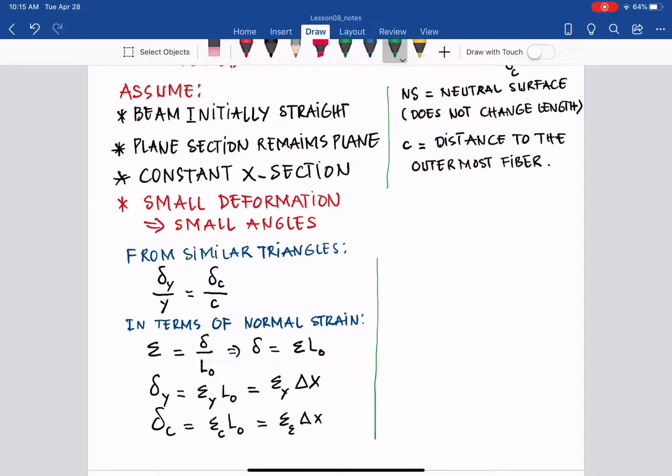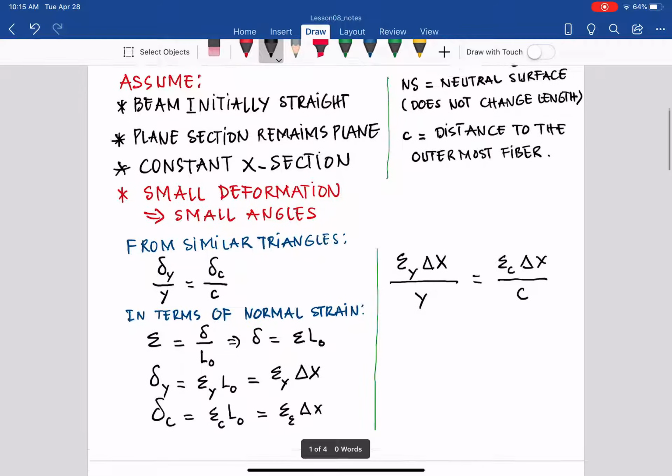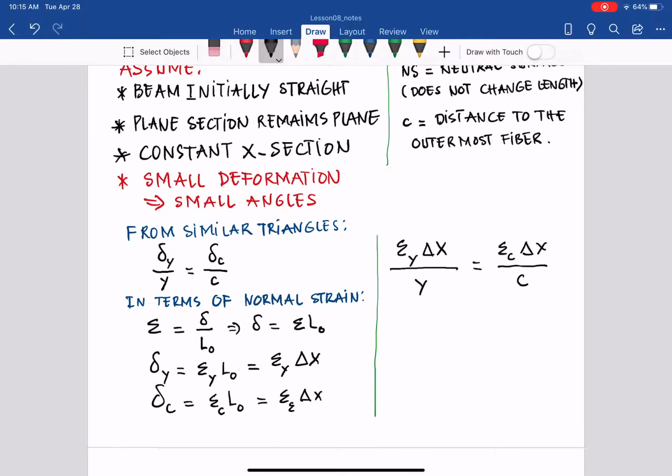Plugging in, delta y is epsilon y delta x, divided by y, equal to epsilon c delta x divided by c. And of course, we can eliminate delta x on both sides. So what we basically have is epsilon y over y equal to epsilon c over c, and let's box that equation here.